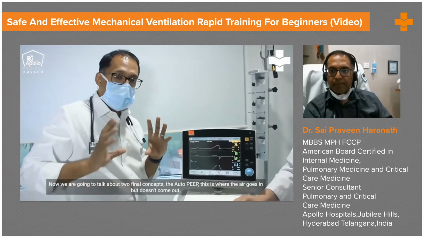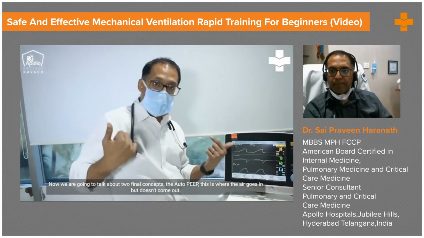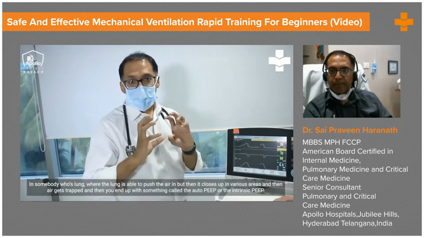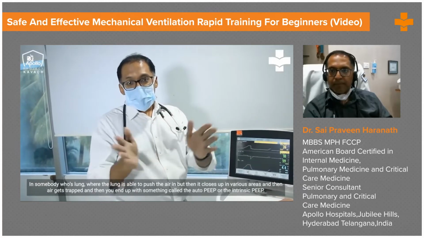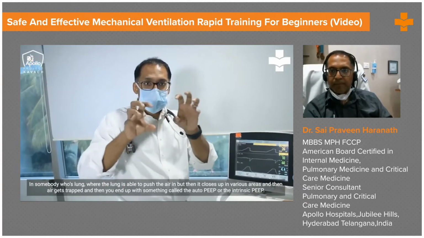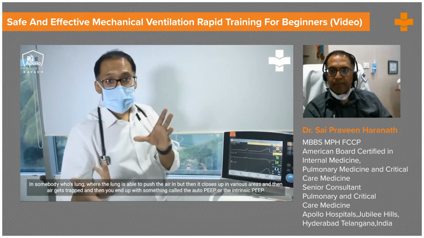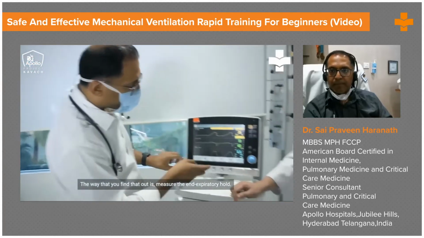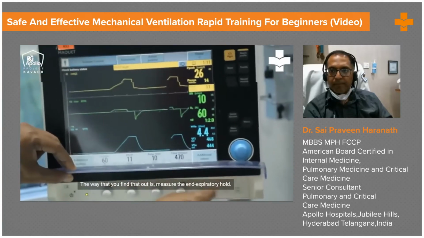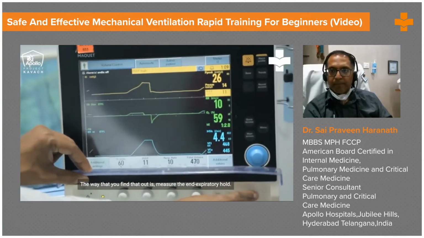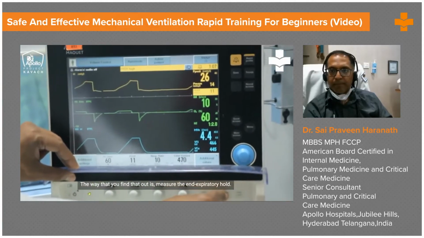Auto PEEP is where air goes in but doesn't come out. In somebody whose lung is able to push the air in, but then it closes up in various areas, the air gets trapped and you end up with something called auto PEEP or intrinsic PEEP. The way you find that out is you measure something known as the end expiratory hold.